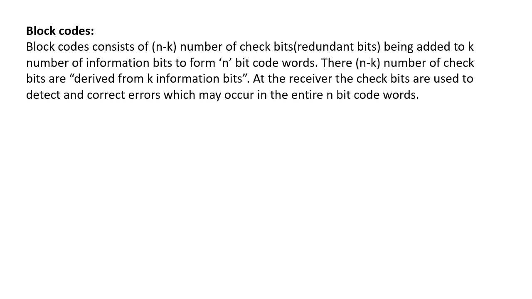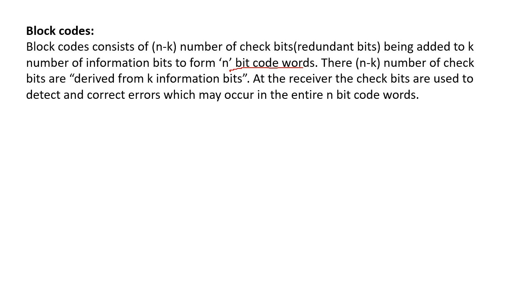Now we'll see the first type of error control codes, which is the block code. A block code consists of n minus k check bits, or redundant bits, that are added to the k information bits to form n-bit code words. The n minus k check bits are derived from the k bits of information.